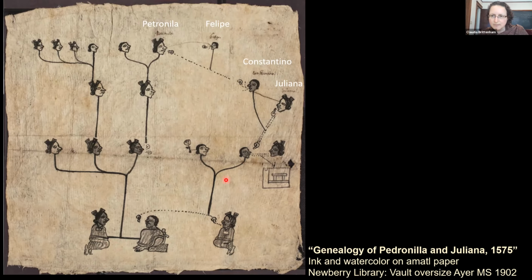Constantino de San Felipe is the descendant of a second kind of relationship, which I'd originally been tempted to gloss as a relationship of a second marriage. But now, after Catalina's presentation, I find myself wondering whether this is, in fact, an illegitimate child.